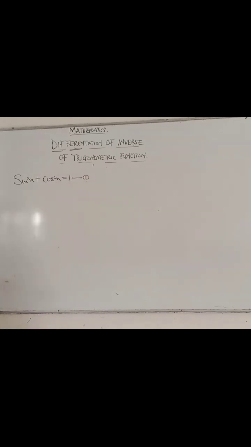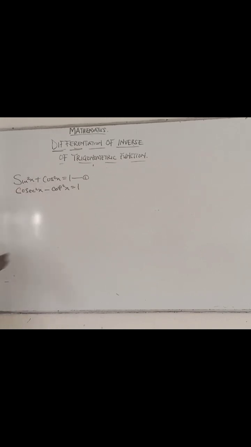The second one is when you have cosec square s minus cot square s is equal to 1. Please, all these, they are identities. You must know them.